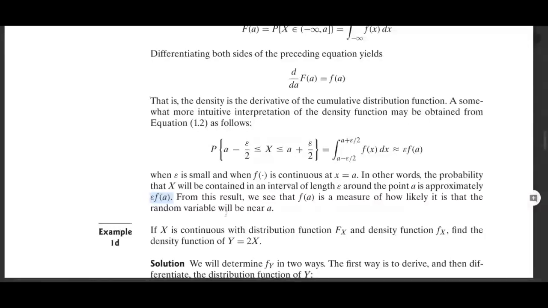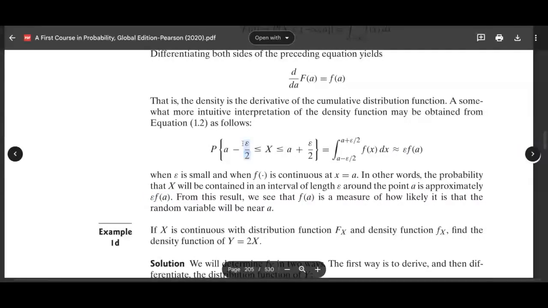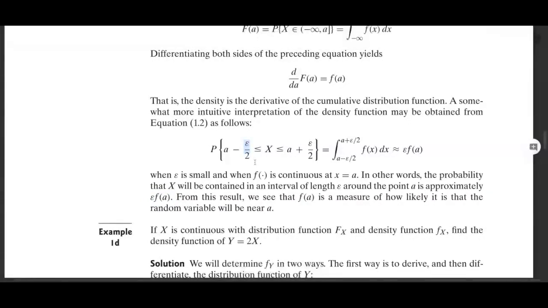So how do we deal with the situation? We can't do this, so we put an X in between, very, very close to the number. It's epsilon close. Epsilon is just a very small number. So from this result, we see f of a is a measure of how likely it is that the random variable will be near a.